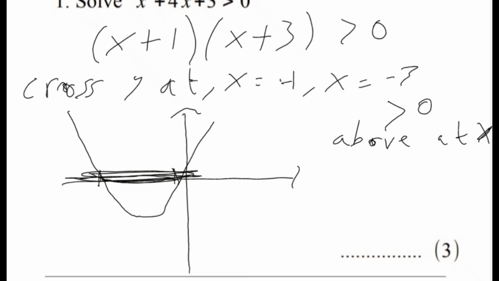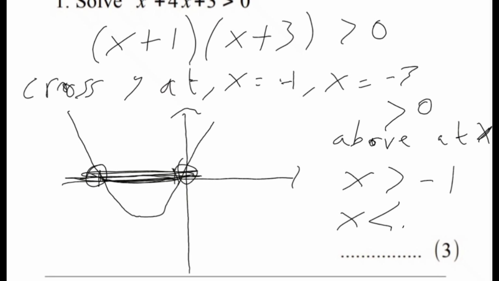First, we have to see, is the line above the ground at those points? So at minus 1, firstly we'll look at that. We can see, is the graph continuing upwards? Is it above the ground? And it is. Therefore, x has to be greater than minus 1.